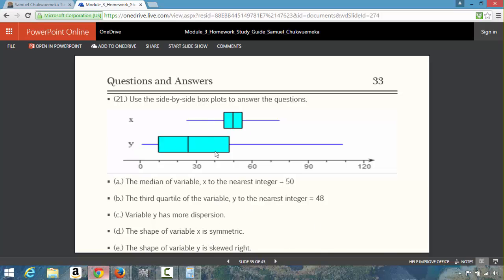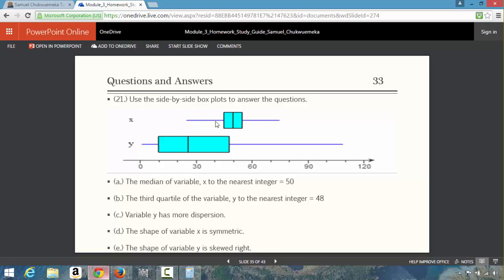And the shape of variable X is symmetric. Why do we say it's symmetric? If you look at this, the median is almost at the center of the data, which is 50. It's almost equally spaced. The distance from the median to the lower quartile is approximately the same as from the median to the upper quartile.